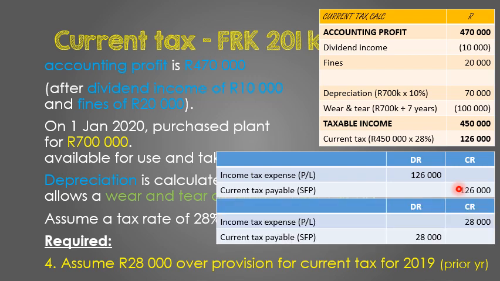We'll do a journal to say, whatever I had in that account for SARS as current tax payable, I can decrease that. So I'm decreasing the opening balance of my current tax payable because I actually owe SARS less than I originally thought. And then the other leg of the journal goes to income tax expense as a reduction of my income tax expense.